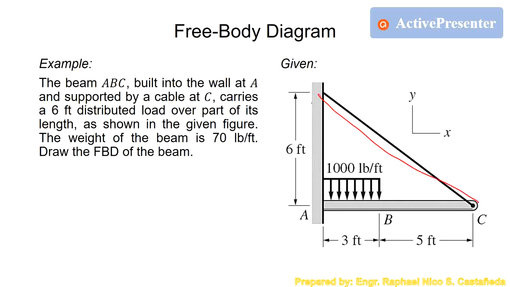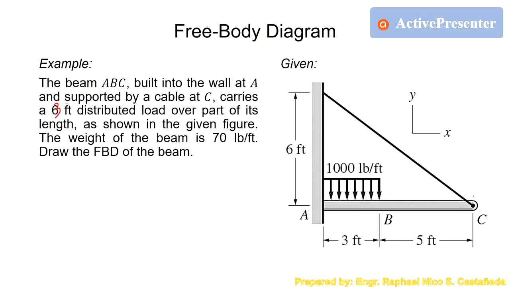Then we have a distributed load. Actually, this is 3 feet. The 3 feet distributed load is over part of its length as shown in the given figure, which is 1,000 pounds per foot. The weight of the beam is 70 pounds per foot. Draw the free body diagram of the beam.